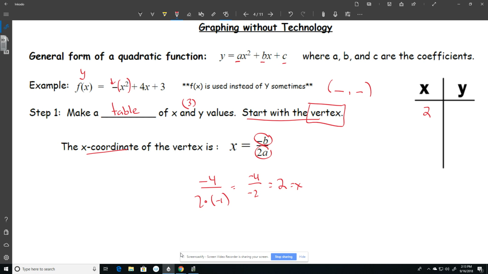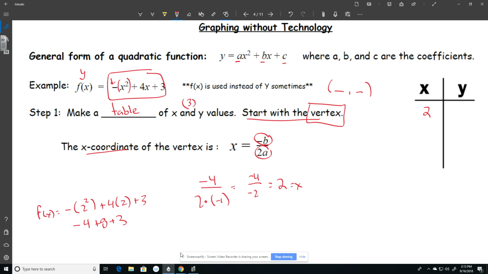So to find the y, I have to plug my x into my function. I'm going to take 2 and plug it into my function right here. I know that f of x equals negative, and instead of x squared, I'm going to put 2 squared, plus 4, and instead of x, I'm going to put a 2, plus 3. And now I solve. 2 squared is 4, negative 2 squared is negative 4, plus 4 times 2, that's plus 8, plus 3.